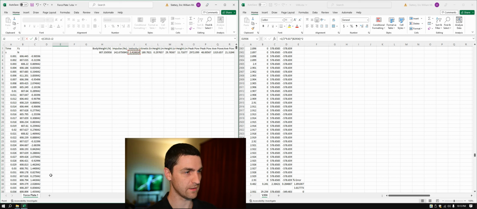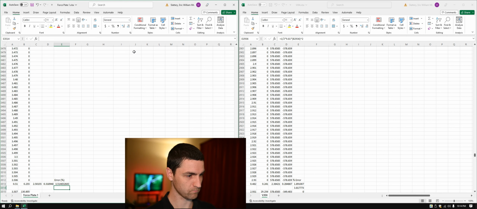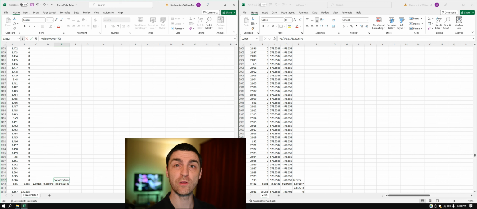And we need velocity times 100 divided by this. We're going to use that as the comparison velocity here. So we had about 3.51% error based off the velocity between the methods. And that's not too bad.